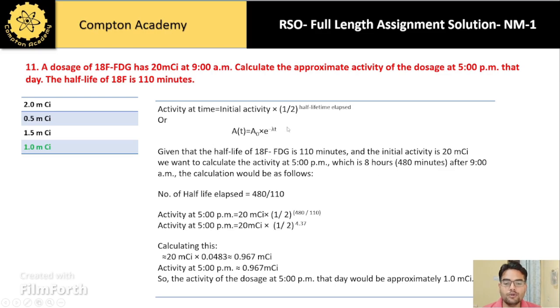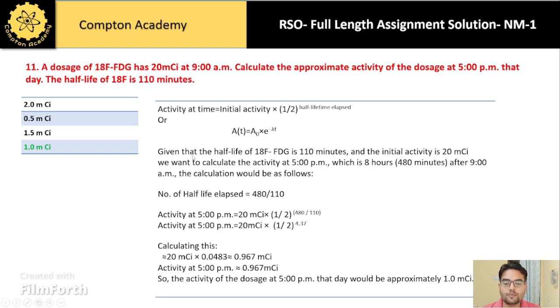By directly putting these values in this equation, where A_t is the activity after a time interval t, A naught is the initial activity, and e raised to power minus lambda t, lambda is the decay constant, t is the time interval after which the activity has been asked.